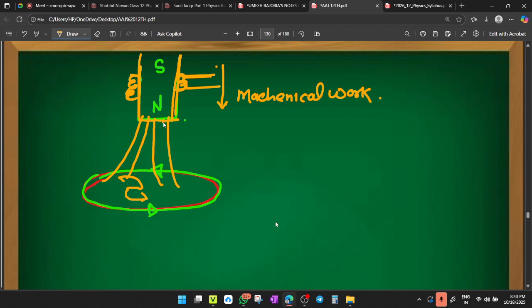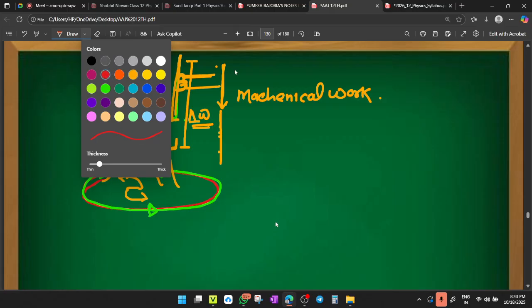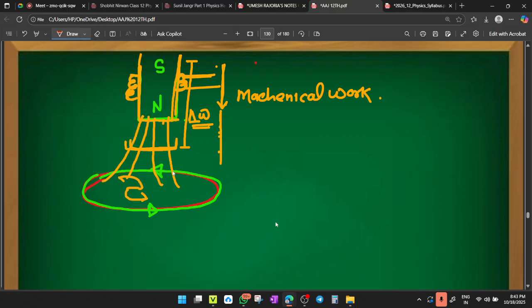Against this north pole, you have to do some useful work, because when you move your magnet from here to there, you have done some amount of work to overcome this repulsion. Exactly, repulsion is working there. So to counter this repulsion, definitely you have to do some work.